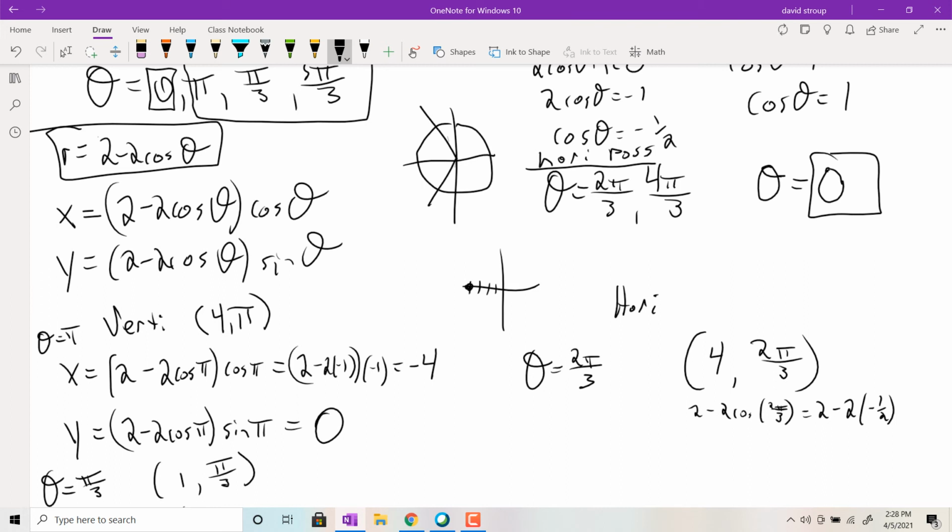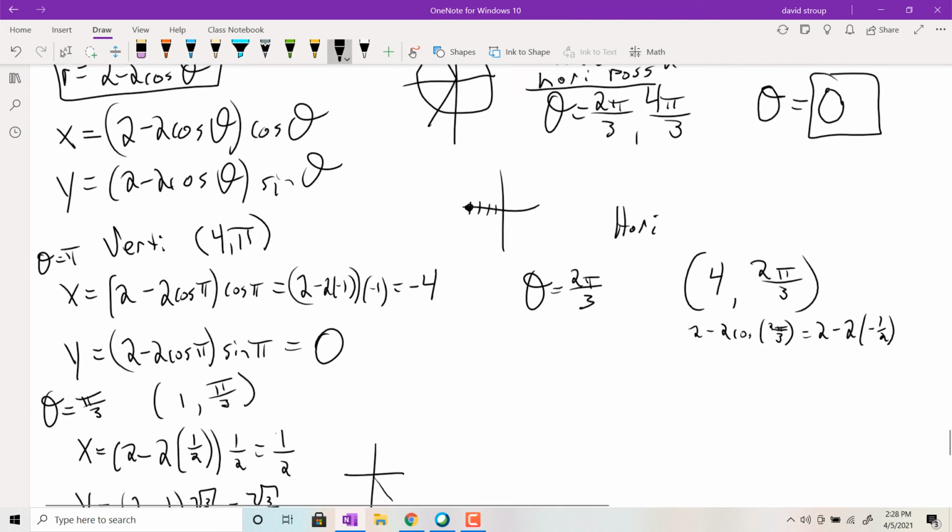And then we would need the xy coordinate there. Actually, it's not 4, is it? It's 3.